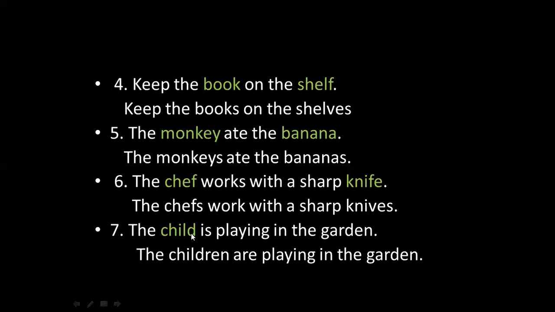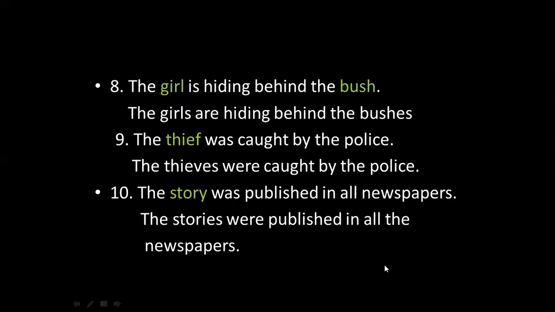Next, the child is playing in the garden. The plural form of child is children, not children's. Never ever say children's, it is only children. The children are playing in the garden; again, is turns into are. The girl is hiding behind the bush. The plural form of girl is girls.